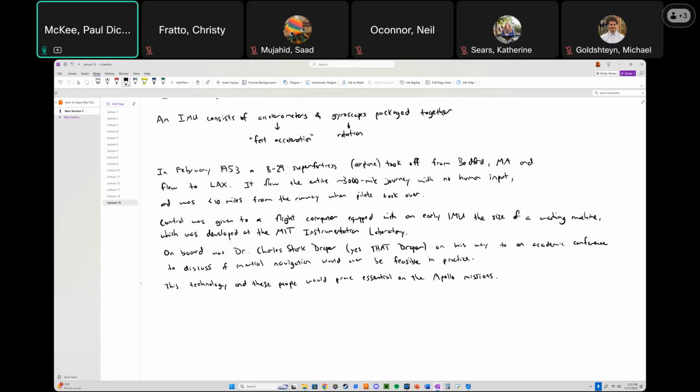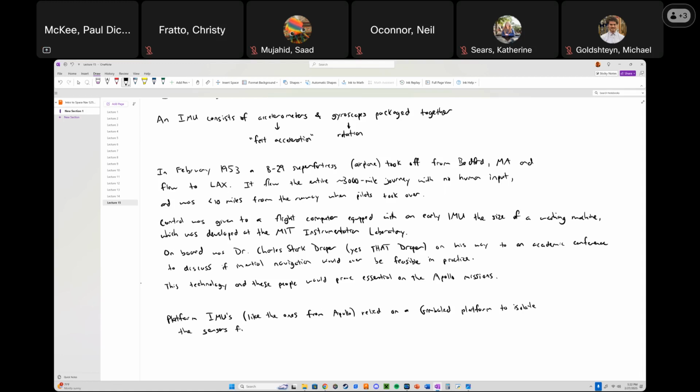This was called a platform IMU. So platform IMUs, like the ones from Apollo, relied on a gimbaled platform to isolate the sensors from the rotation of the vehicle.